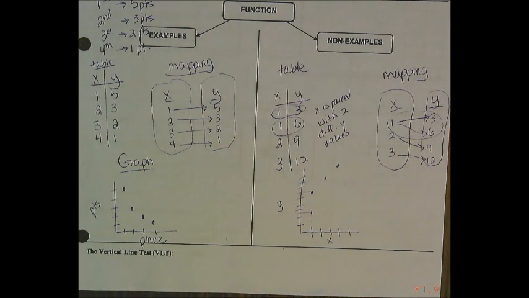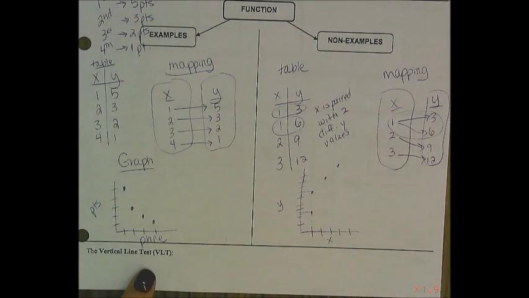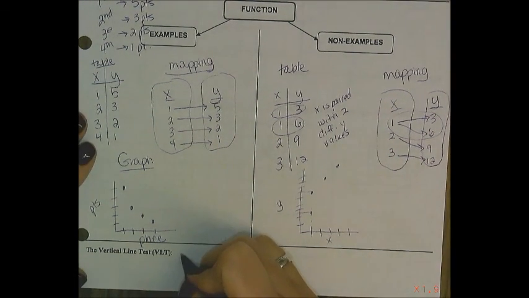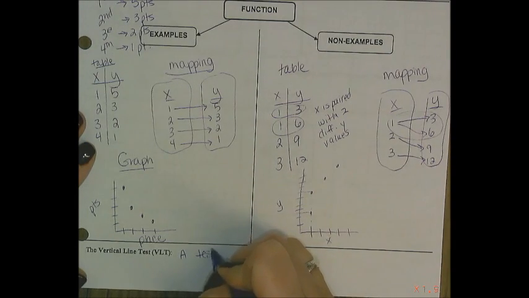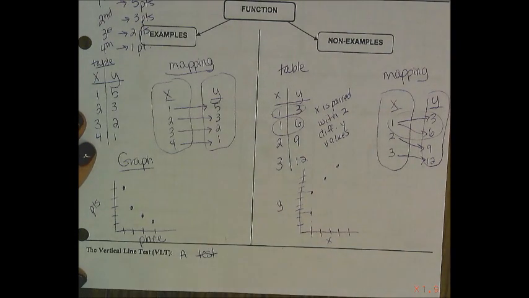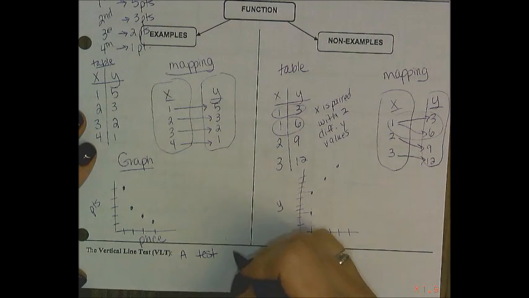All right. There's a way you can look at a graph to tell whether or not something is a function, and it's called the vertical line test. Okay, VLT down here. And here's how it works. This is a test, and it's used to determine whether a relation is a function.